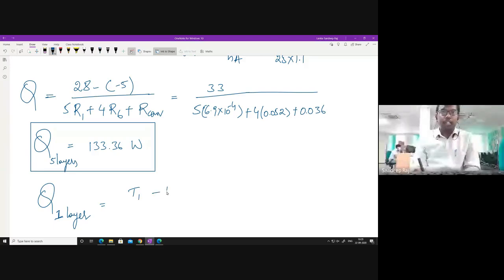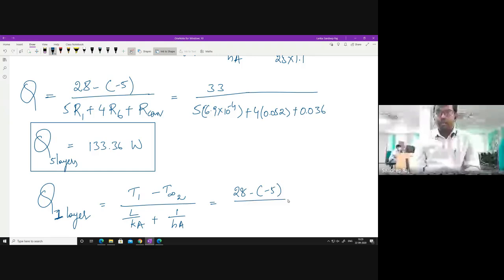For that, I'm taking T1 minus T infinity by L by Ka plus 1 by HA. So what I have taken here is that there is only one layer of this kind of material instead of 5 layers. If this is the case, somebody help me calculate what is the value.